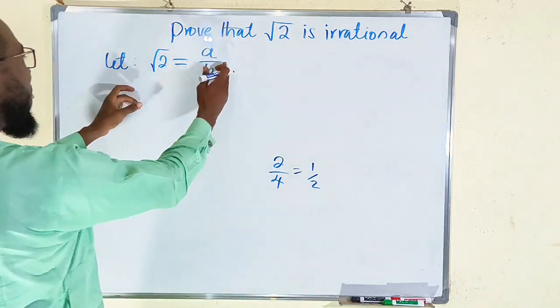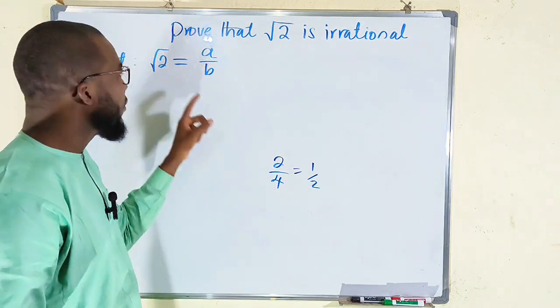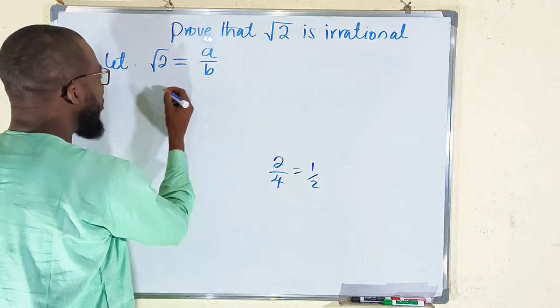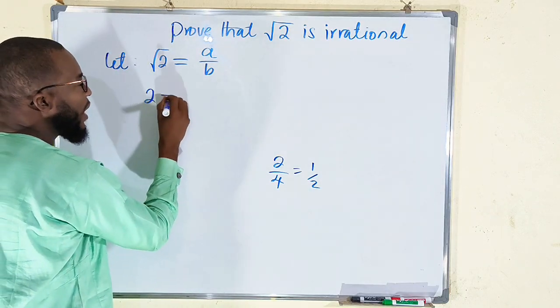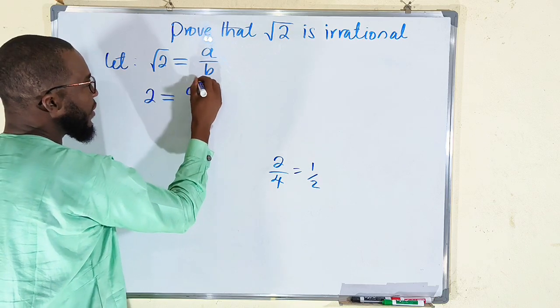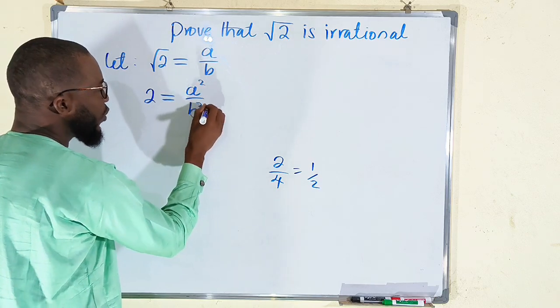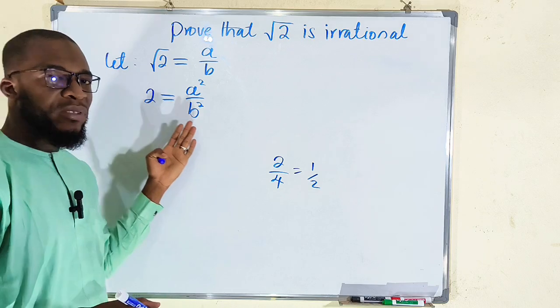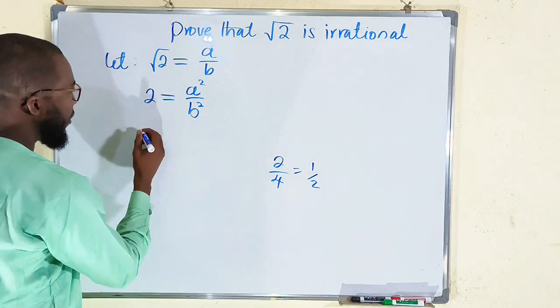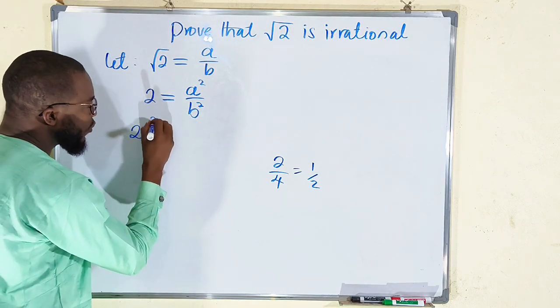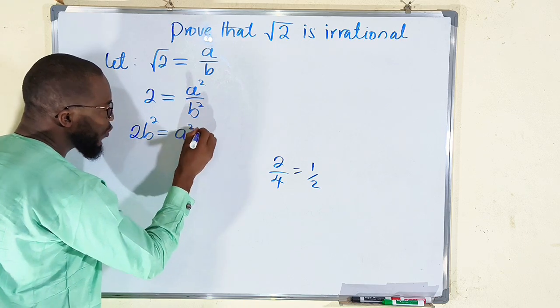If this is true, let us square both sides in order to eliminate the square root. If you square both sides, you are left with 2 on the left, and a squared divided by b squared on the right. We can multiply both sides by b squared, such that 2b squared is equal to a squared.